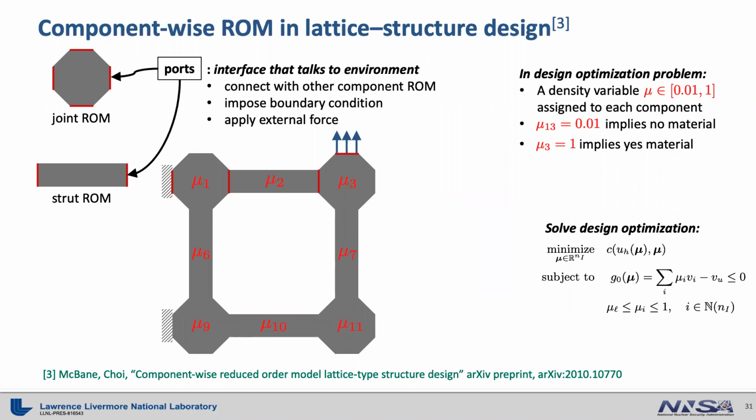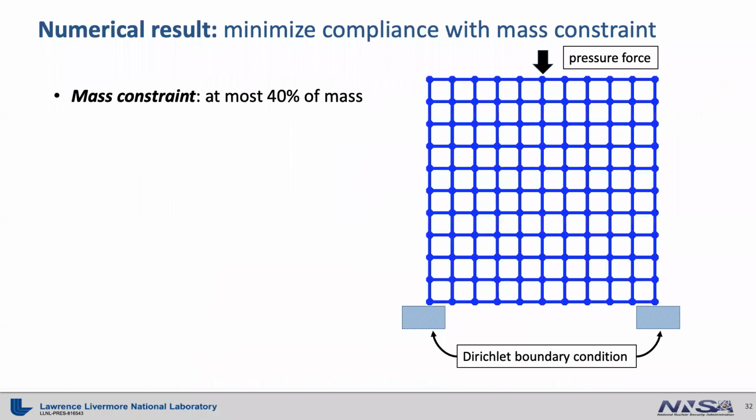So here is an actual numerical example of lattice structure design using the component-wise reduced order model. Here we minimize the compliance, imposing a constraint of mass being at most 40% only. The downward pressure force is applied on the top middle port here, and the usual boundary conditions are imposed at the bottom.